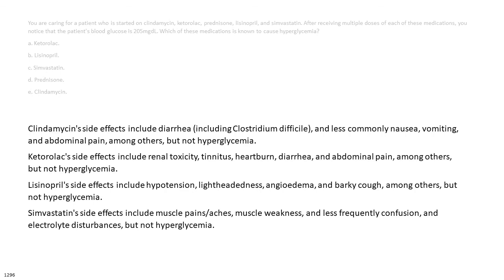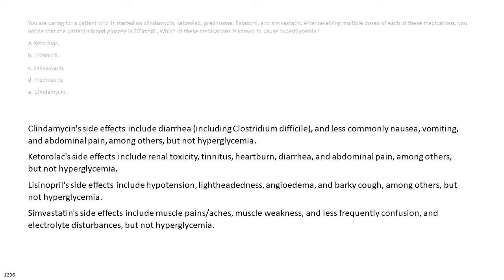Clindamycin's side effects include diarrhea, including Clostridium difficile, and less commonly nausea, vomiting, and abdominal pain, among others, but not hyperglycemia. Ketorolac's side effects include renal toxicity, tinnitus, heartburn, diarrhea, and abdominal pain, among others, but not hyperglycemia.